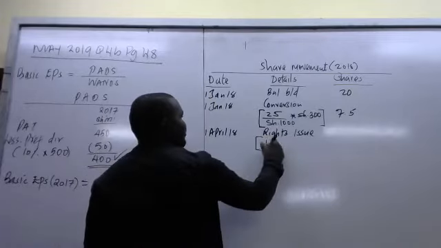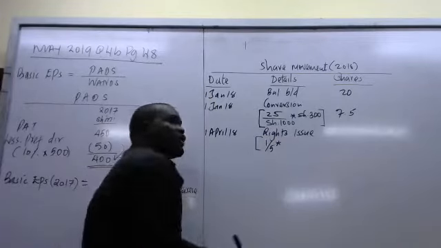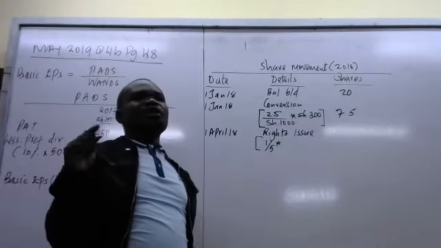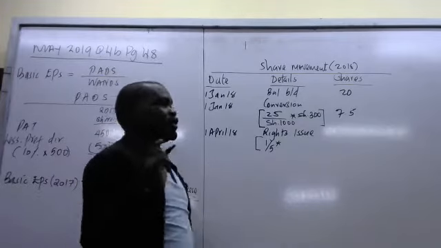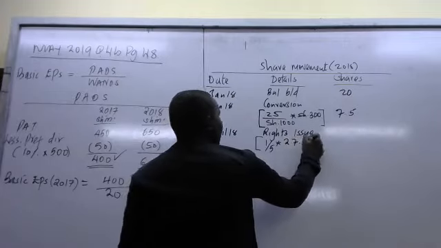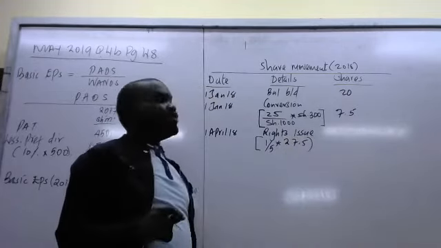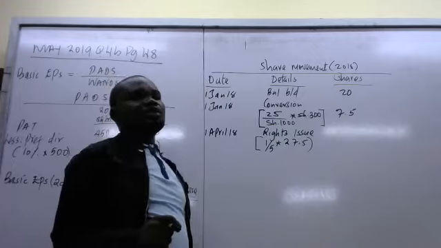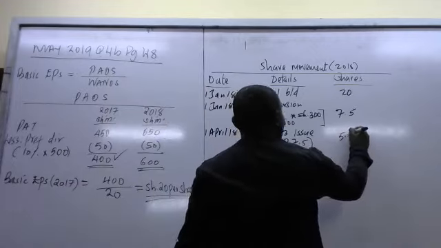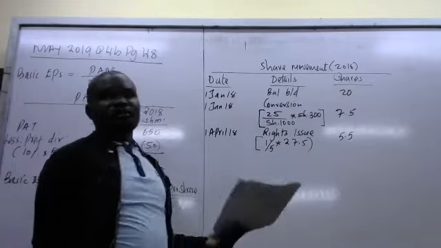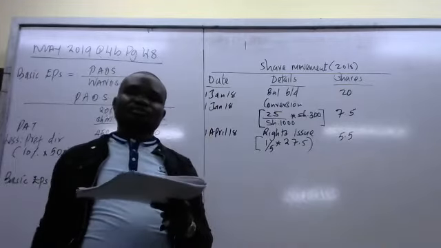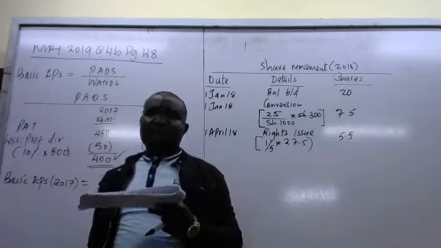So you get 1 new for every 5. How many are we having as we talk right now? Because they say get 1 for every 5 you have. We have 27.5. Correct? This plus this, we have 27.5. So how many will we get through the rights issue? 5.5. Let's go to number 3.